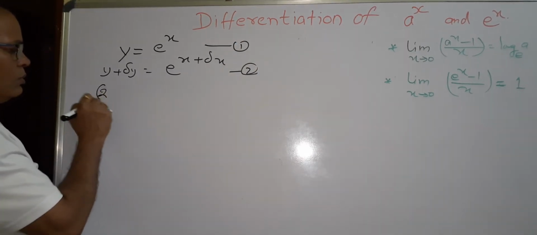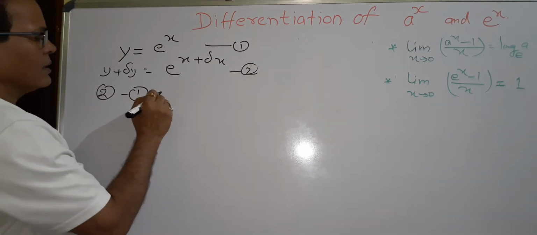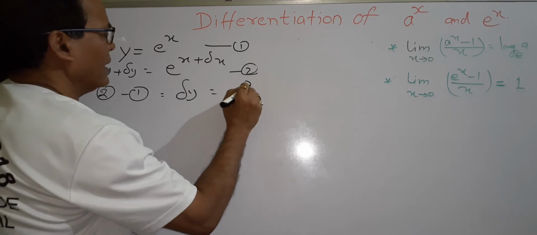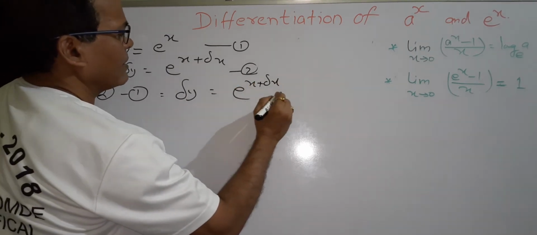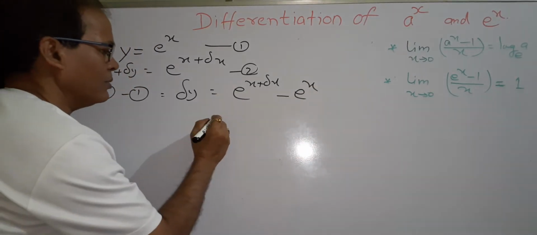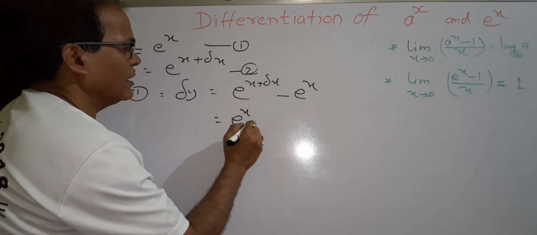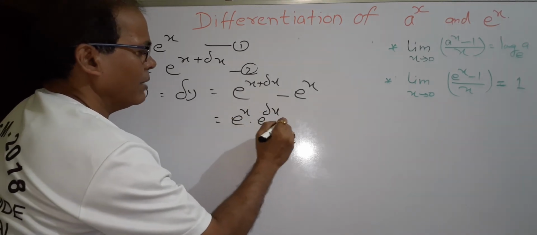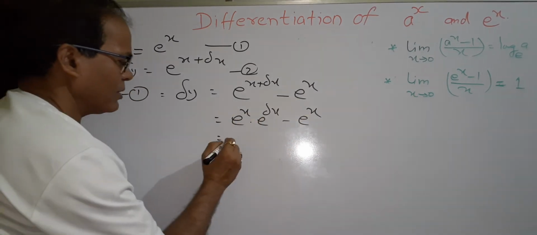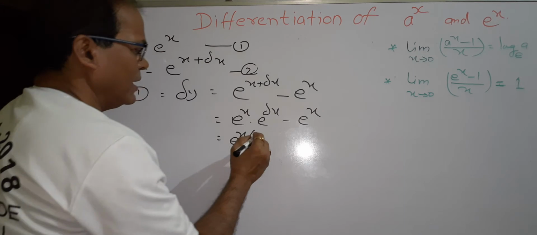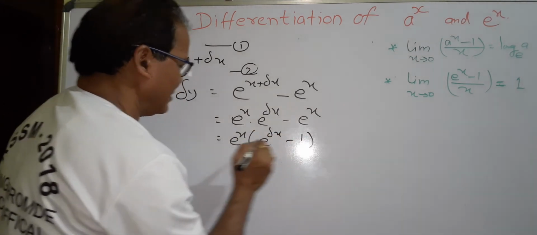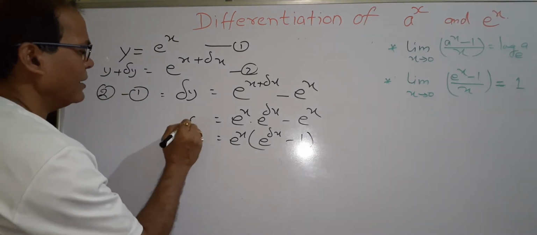So equation 2 minus 1 gives delta y is equal to e to the power x plus delta x minus e to the power x. Exponents add, so here also we can write e to the power x into e to the power delta x minus e to the power x. We take e to the power x common, and we get e to the power delta x minus 1. So here is delta y.